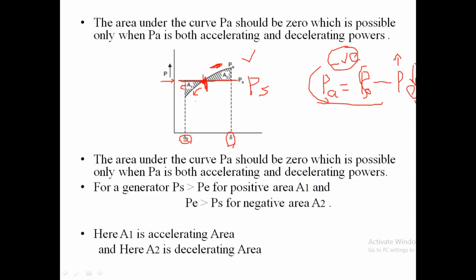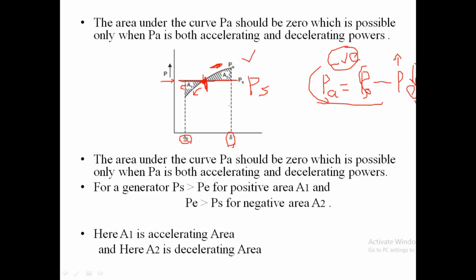In between these two, this whole area is representing the total PA. But in that there are two sections: one is accelerating and the other is decelerating. So for stability, these two areas should be equal.